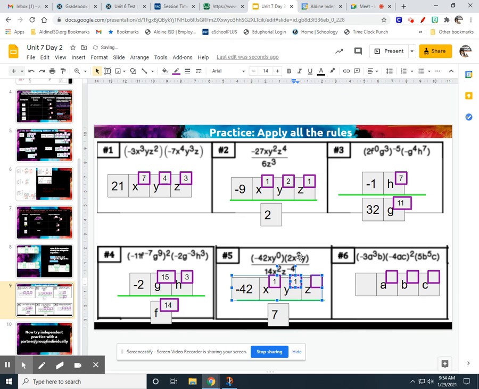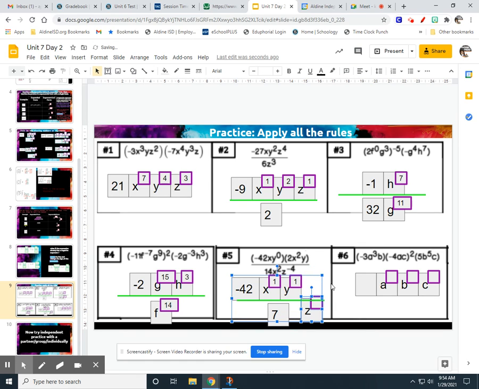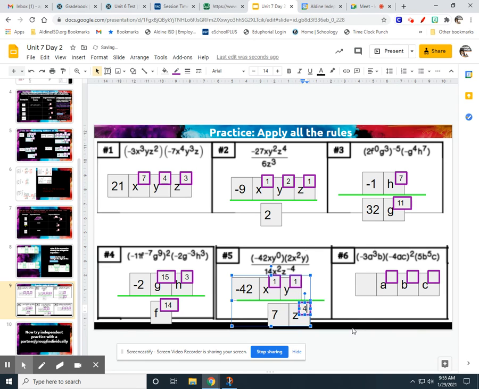And then from the z, the z is negative, so it should come down here. Okay, and so its change is going to become a positive.